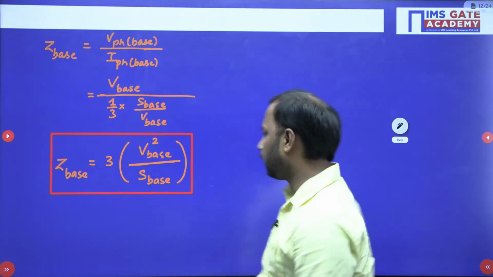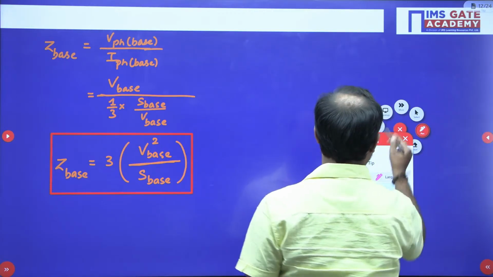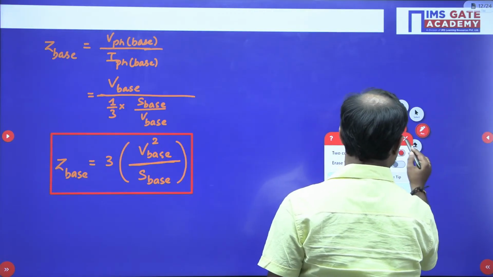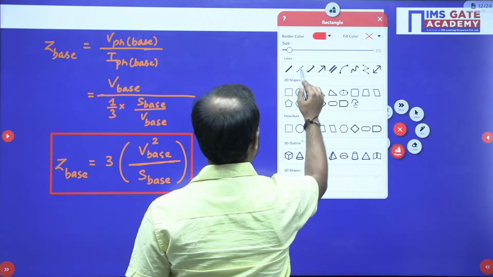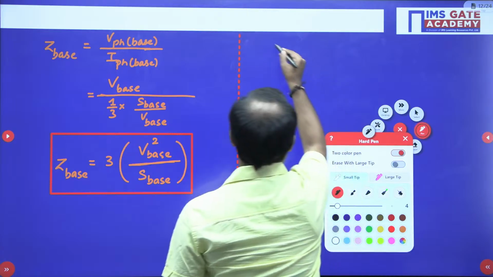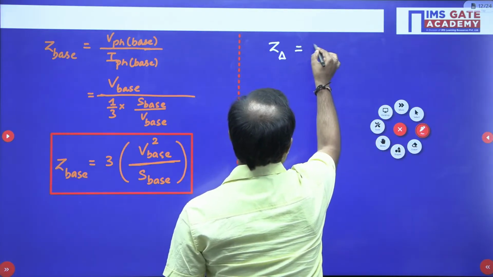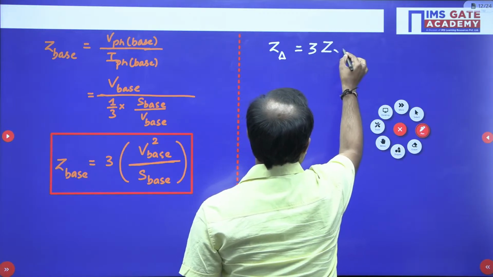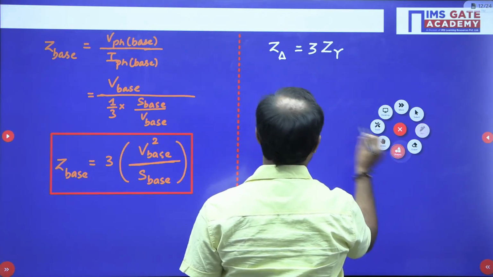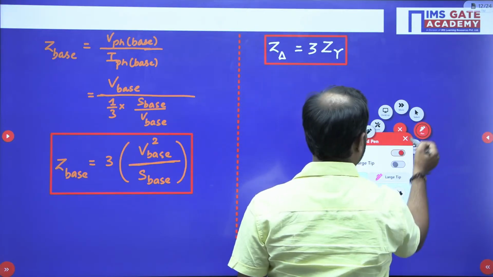So can I say that your Z of delta is nothing but 3 times Z of star? Yes or no? And this is true. Why?